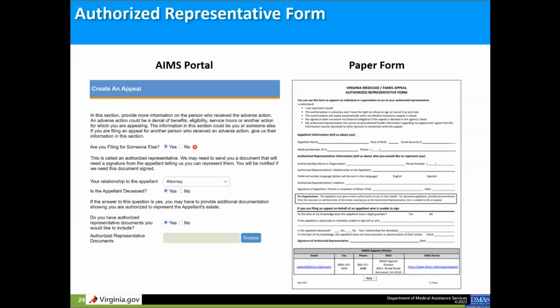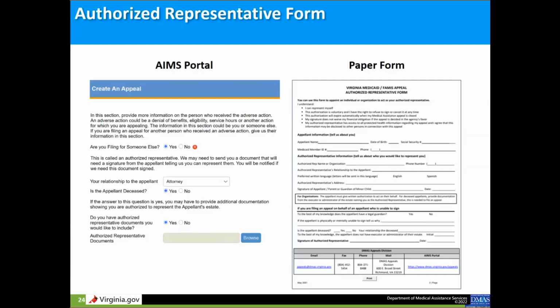We often require additional documentation to validate an appeal. For example, if a representative purports to be a power of attorney, a guardian, conservator, executor, or administrator of an estate, then we require the legal documentation appointing that individual to that capacity. We cannot simply accept their word that they serve in these roles.